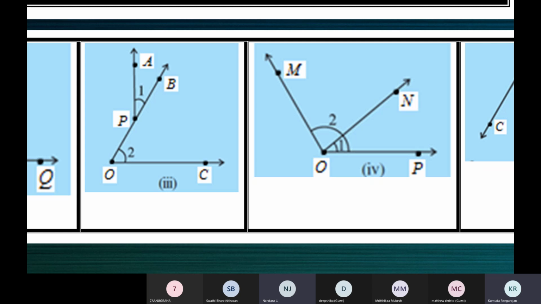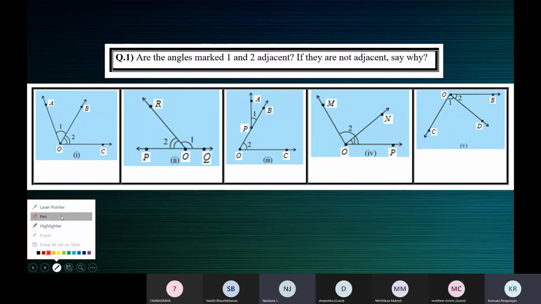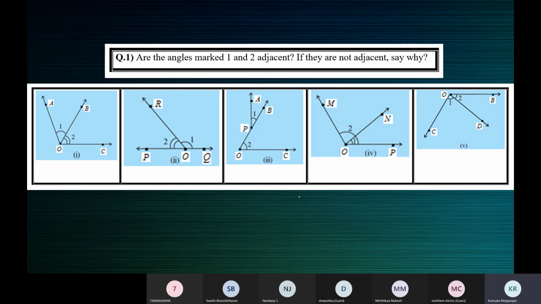Ma'am, OP. Are you able to make out that? Is it in your book? OP? Yes, ma'am. See, for angle 1, ON and OP are the arms.